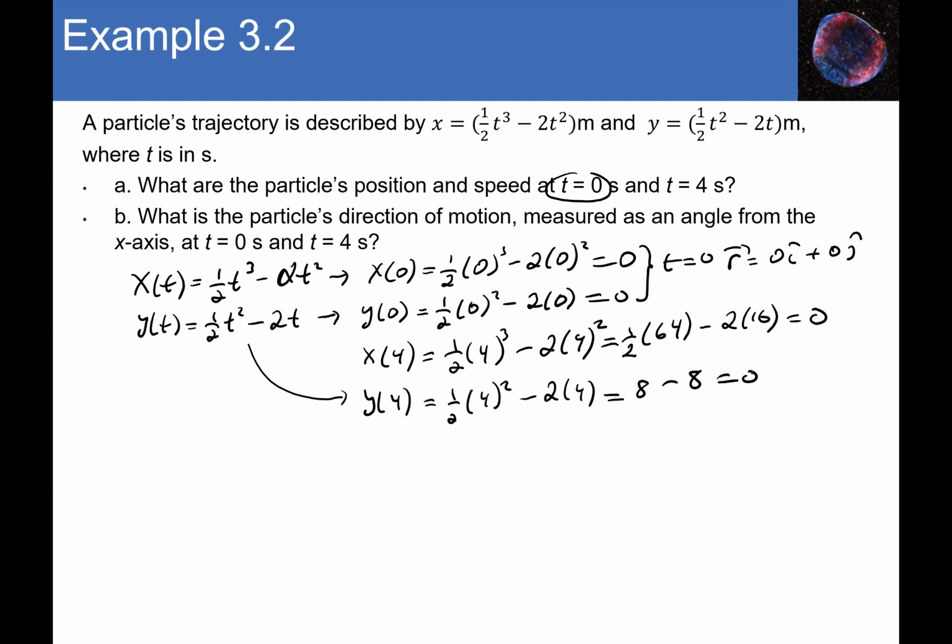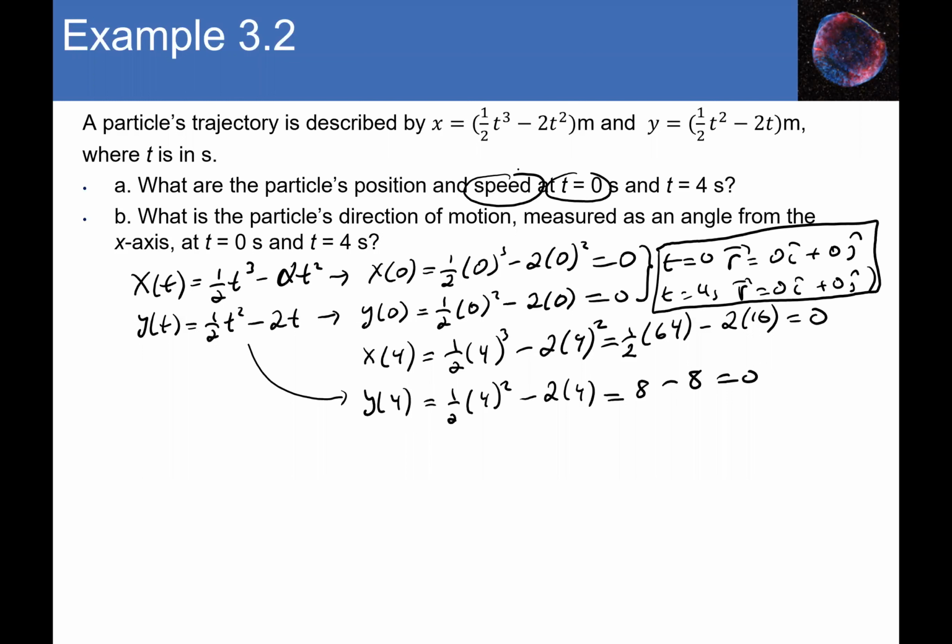I get 0 again. That means at t equals 4 seconds, my position is also 0 i hat plus 0 j hat. So what does it mean? Does it mean the object didn't move at all? We don't know yet at this point, but we know that 4 seconds later, we're at exactly the same position as where we started.